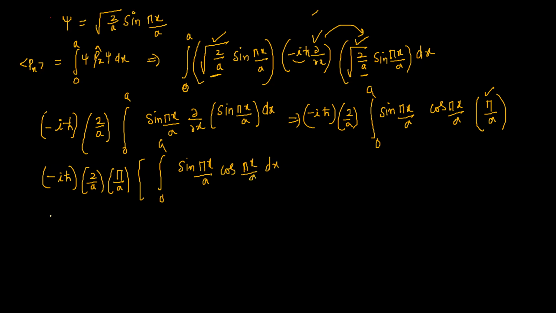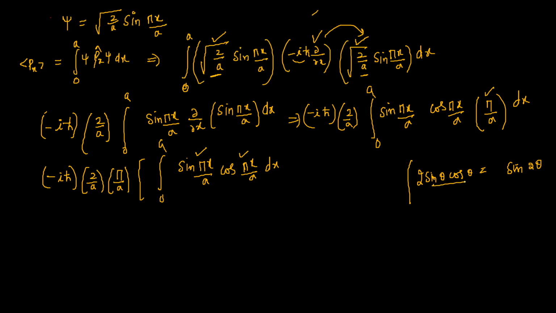Okay, so students, here we can use a trigonometric formula, that is 2 sine theta cos theta equals sine 2 theta. So in here also we have the product of sine theta and cos theta.